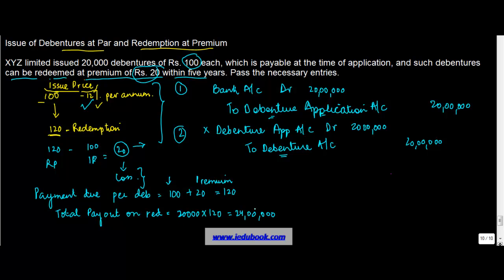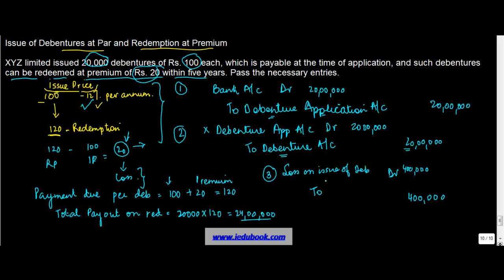Now, where does this difference go? At the time of redemption, obviously you need to pay 24 lakh, whereas you've received only 20 lakh. So there is a difference of 4 lakh which has to be paid. This difference of 4 lakh, which is nothing but your premium amount into the number of debentures, is your loss on issue of debentures. Why?